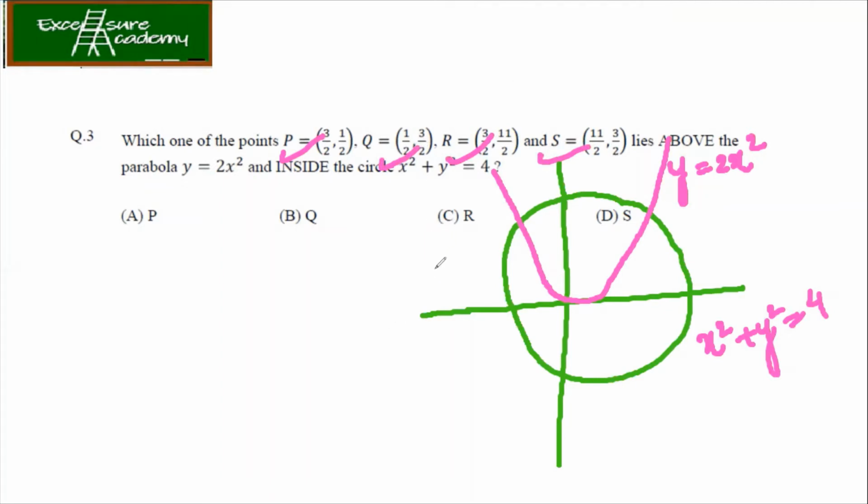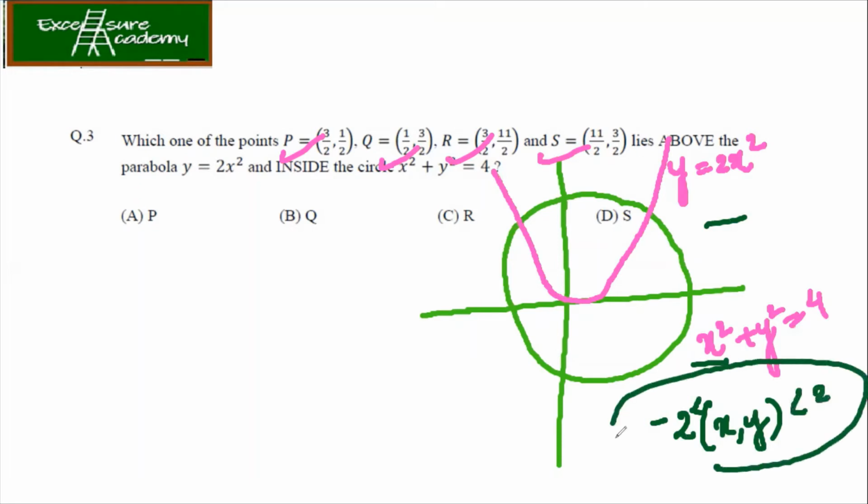If you put these values into these equations, you will understand whether it is lying inside the circle or above the parabola. In the case of the circle, the x and y values should be more than -2 and less than 2.